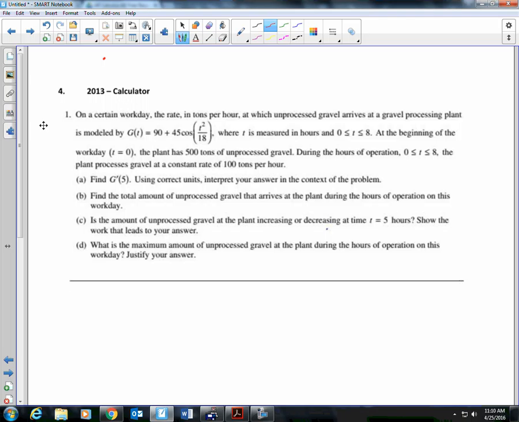So let's try to get a picture of what's happening. You got a gravel pile, okay? Why are the bounds 0 to 8? What does that represent? Yeah, an 8-hour workday, okay? And so what's happening is this gravel is being taken out or processed at a rate of 100 tons per hour, okay? That's constant.